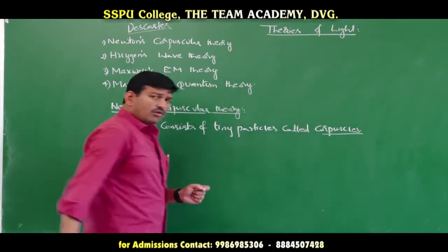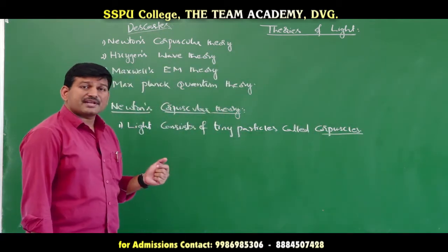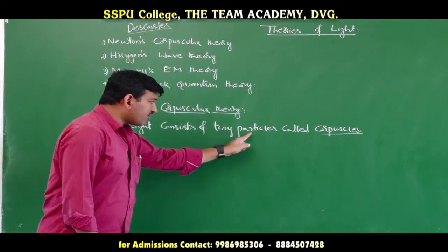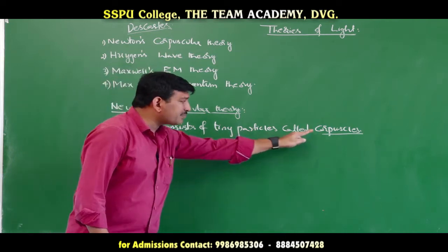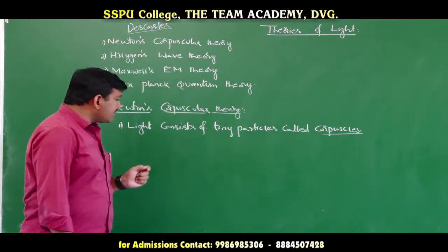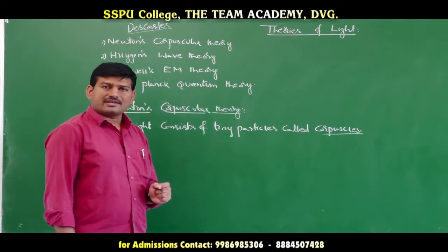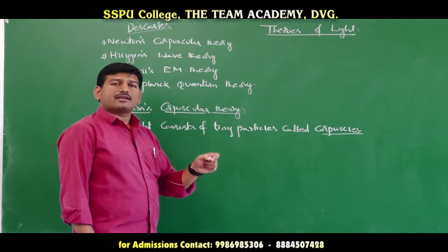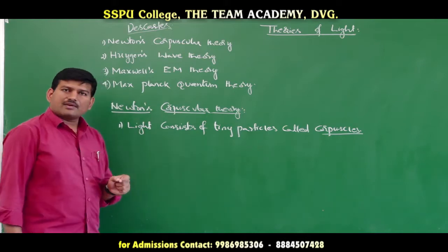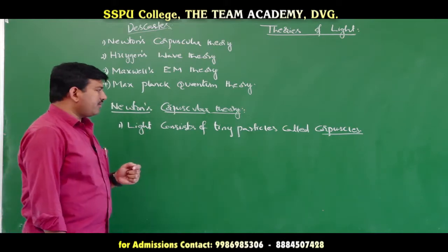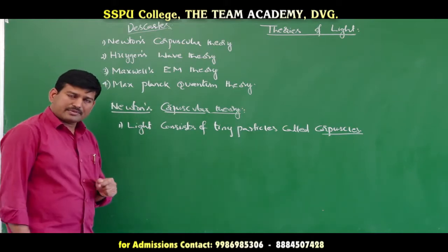So according to this theory, light exhibits which nature? It consists of tiny particles, which means a corpuscle is treated as a particle. Hence, according to Newton's corpuscular theory, light is to be treated as a particle. And this light travels with a great speed equal to the speed of light, that is 3 x 10^8 meter per second.